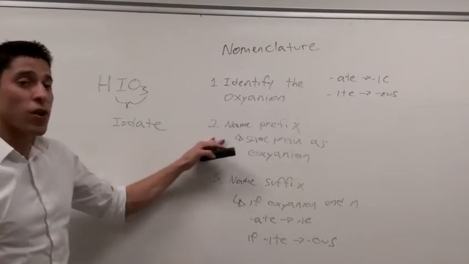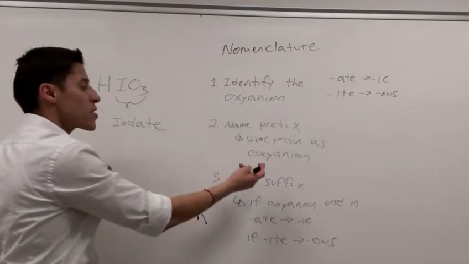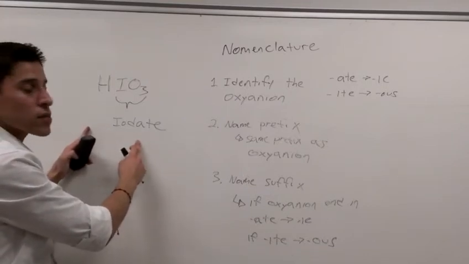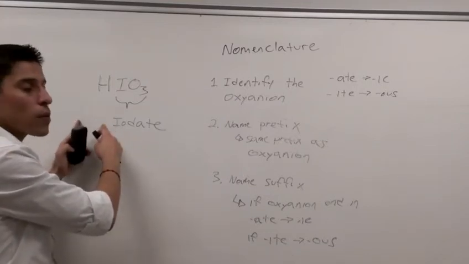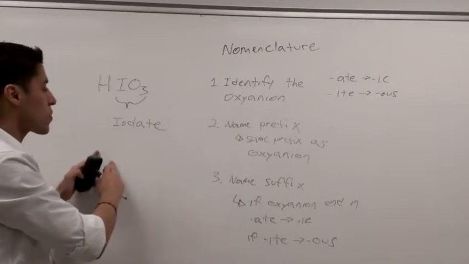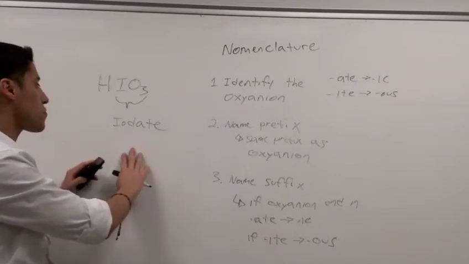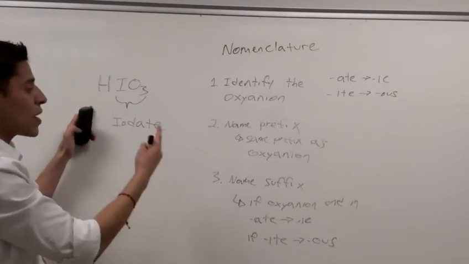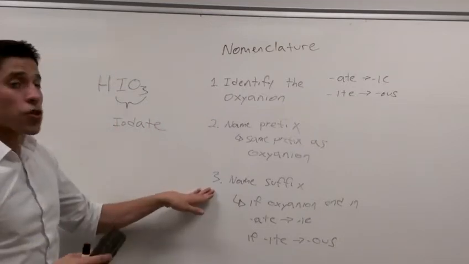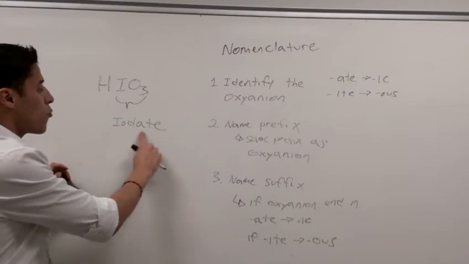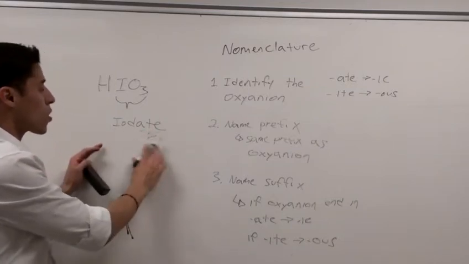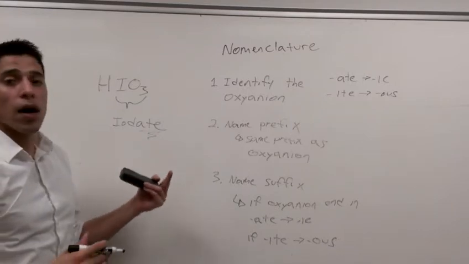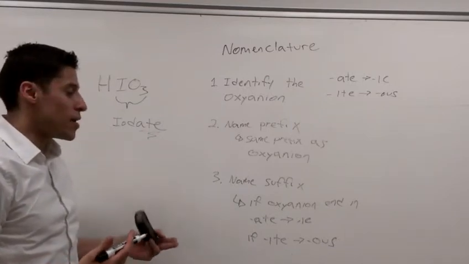Second thing, we're going to name the prefix. It's going to be the same prefix as the oxyanion. In this case, the iodate doesn't have a prefix. It doesn't have hypo. It doesn't have per. It's just iodate. So no prefix for the acid. The third rule, if we look here, the oxyanion ends in ate, which means the acid is going to end in ic.